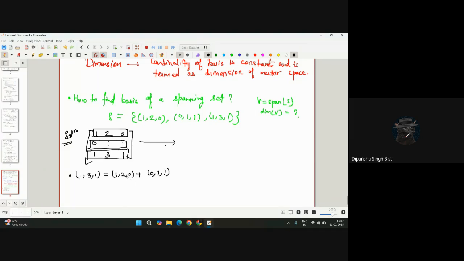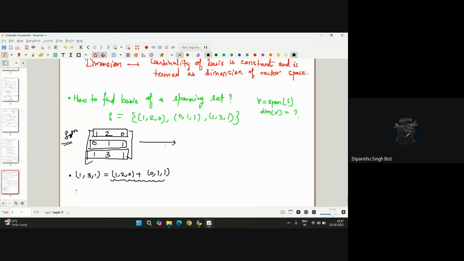So rather, if we represent them as rows and perform the row operations, subtracting, in a way you are trying to find out the linear combination of which two rows can represent the third row.